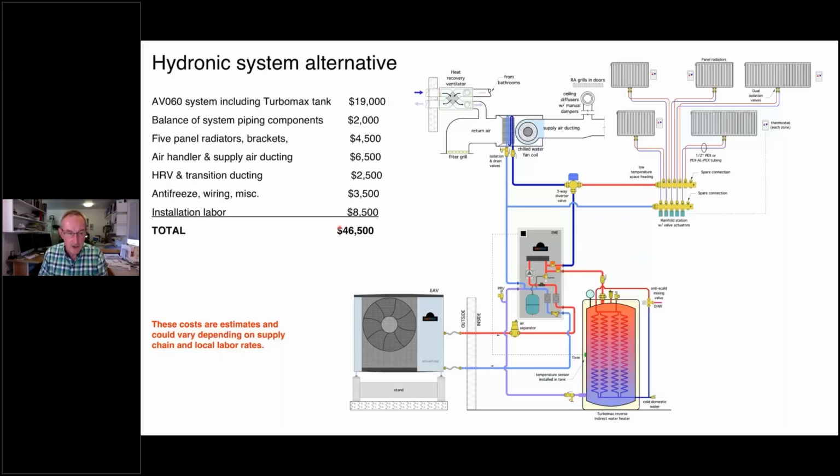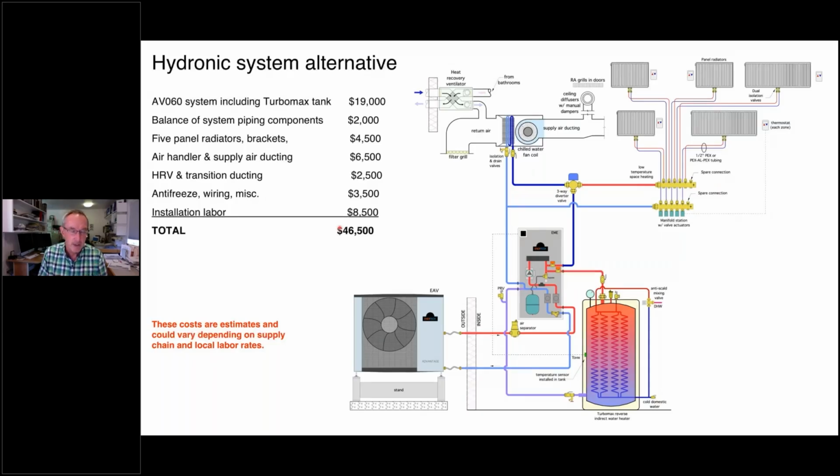And again, these costs, you may say, my cost would be higher, my cost would be lower. What's the takeaway? The takeaway is both of these costs for the ductless system as well as this configuration are pretty close to each other, $46,500 versus roughly $49,000.